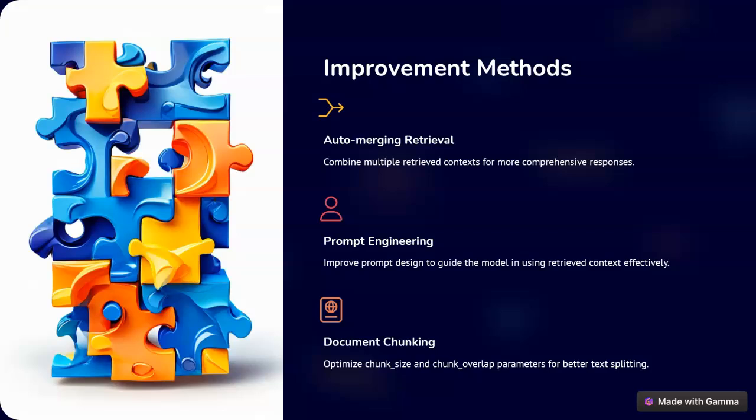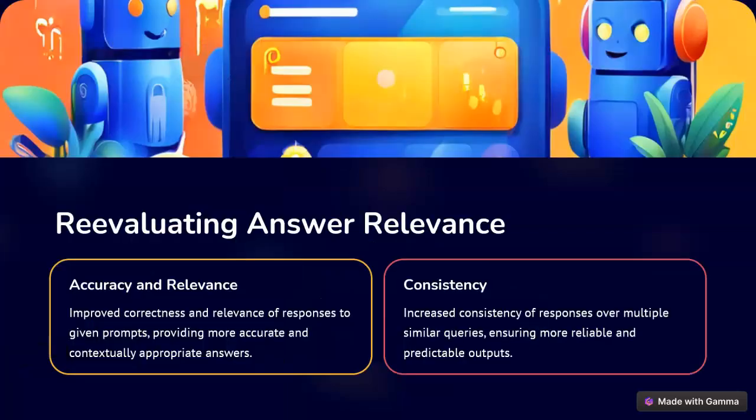In prompt engineering, I improve prompt design to guide the model in using retrieved context effectively. And in document chunking, I optimize chunk size and also chunk overlap parameters for better text splitting.